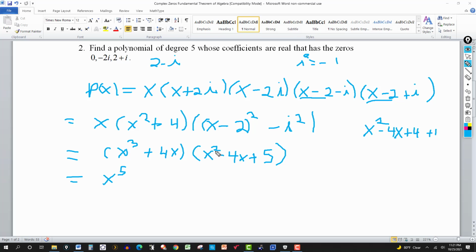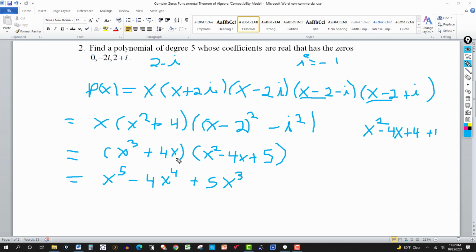So that's going to be x to the 5th minus, then x to the 3rd times a minus 4x gives us a minus 4x to the 4th. And then x to the 3rd times the 5 is a plus 5x to the 3rd.